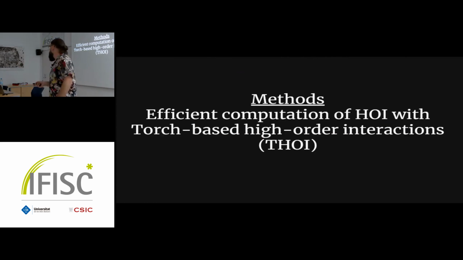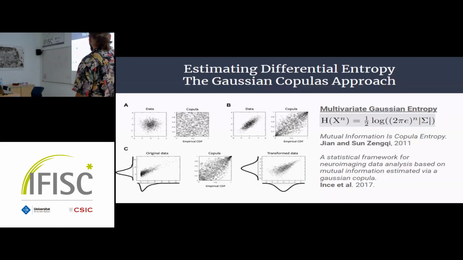To the methods. We're using here a method based on PyTorch to compute these metrics. Our first approach is to use what are called Gaussian copulas. You can compute these metrics also with non-parametric measures like nearest neighbors, but they are quite expensive computationally. So one approach is to use the Gaussian copula approach that allows you to transform your data.